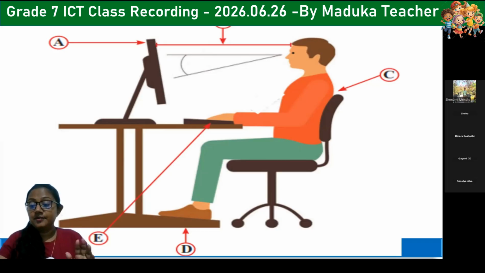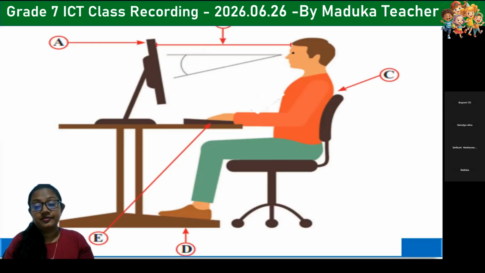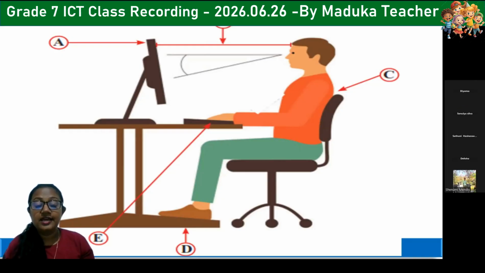Okay, Gayuni, read the good posture related to letter D. Keep your legs vertical and place your feet on the ground. Very good. We have to keep our legs vertical and touching the ground.